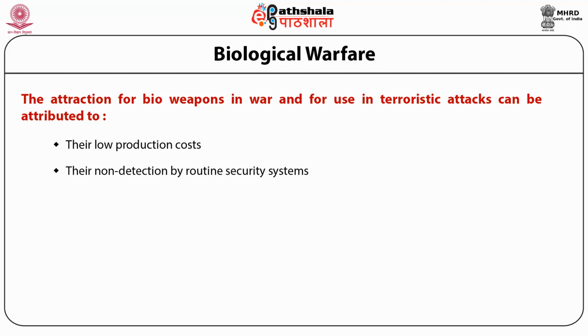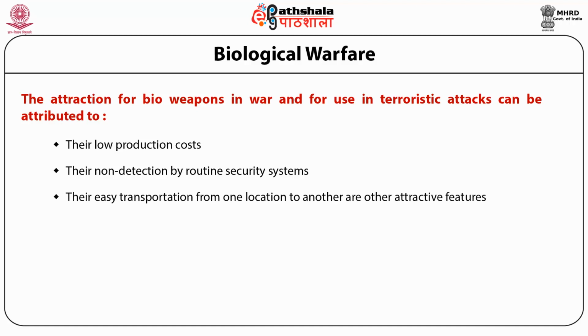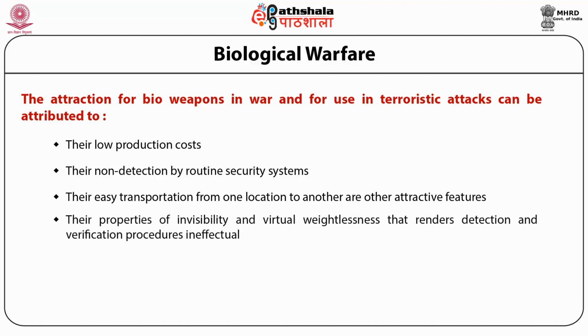Biological warfare agents can be easily transported from one location to another, which is one of the attractive features. These biological weapons are invisible and virtually weightless, so it helps in concealing them and keeping them from getting detected.